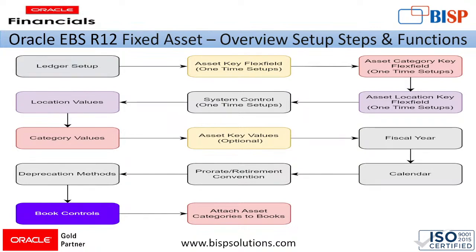So there is a depreciation method. We will create a depreciation method. Two are basically used, that is the straight line method and another one is the net written down method. These are some of the commonly used methods. And there is a book control, right? You have a corporate book and there is a tax book.